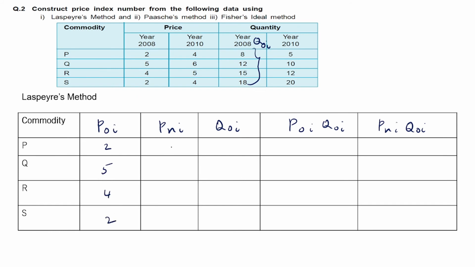Now PnI is the price in the year 2010, so it is 4, 6, 5 and 4. Q naught I is 8, 12, 15 and 18.